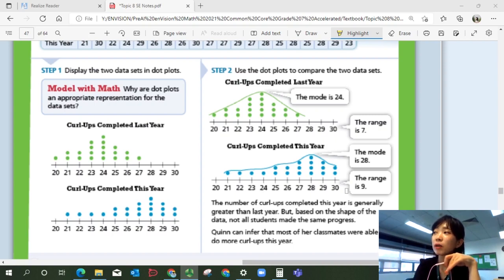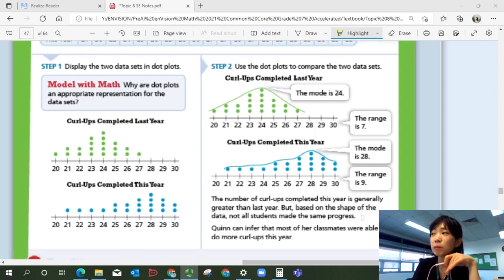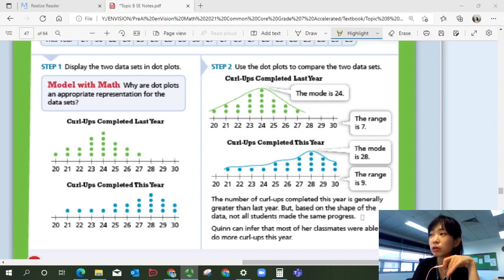So the number of curl-ups completed this year is generally greater than last year, but based on the shape of the data, not all students made the same progress. So Quinn can infer that most, not all, most of her classmates were able to do more curl-ups this year compared to last year. Okay?